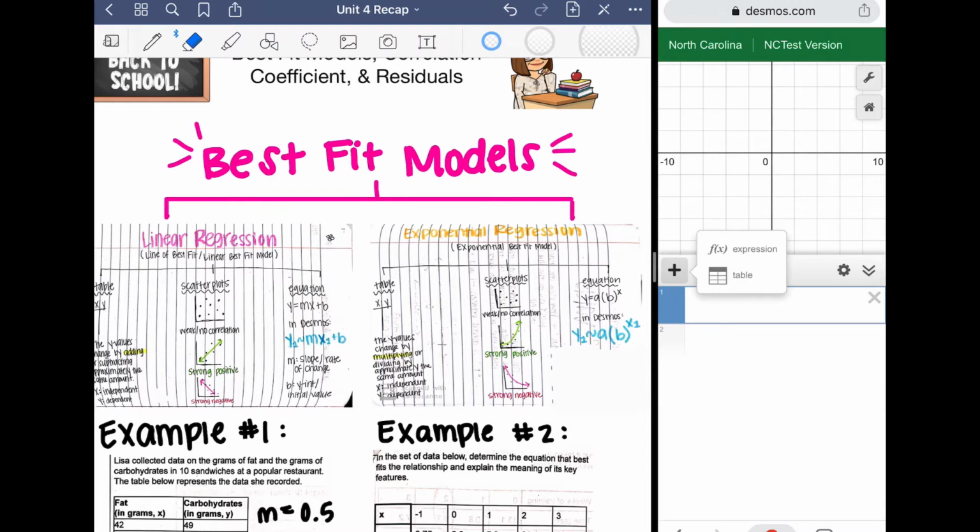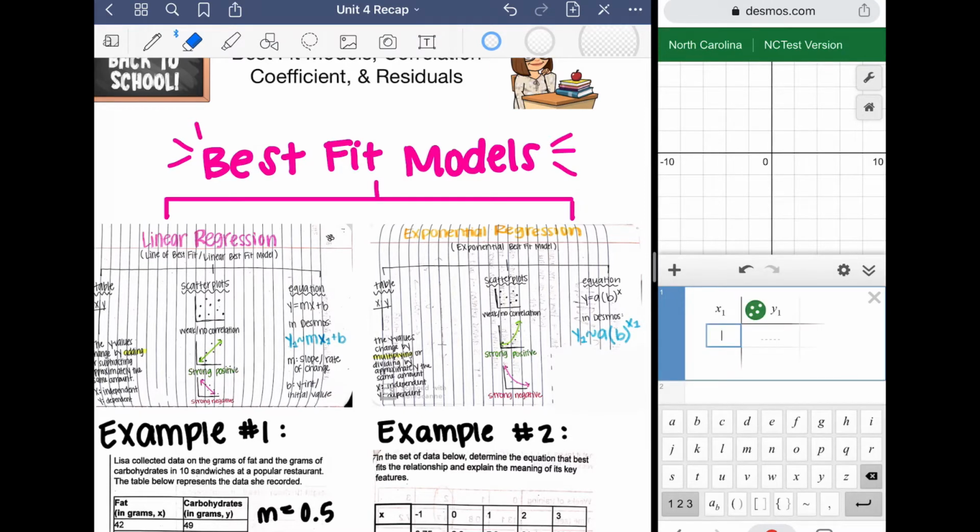So if you have a table, you click plus, add your table, and then in Desmos you would type in y1 squiggle a times b to the power x1. A in this equation for an exponential is always the initial value or the y-intercept, and b is the base. The base tells you the number that's being multiplied over and over.